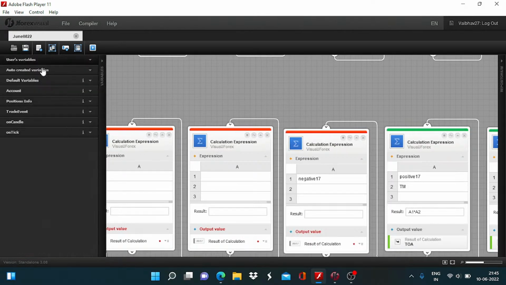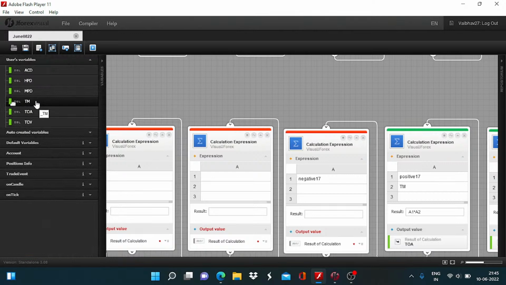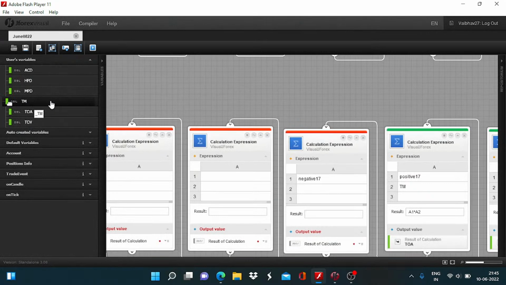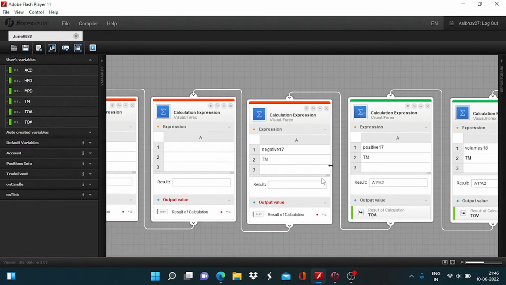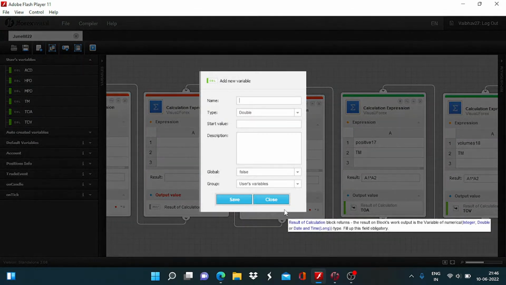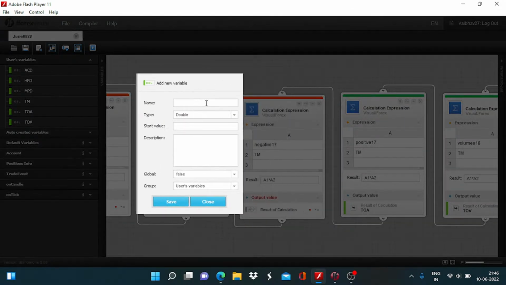So I will take the same variable here, edit variable, it has a start value of 2, negative 17, A1 into A2, I will name it SOE.